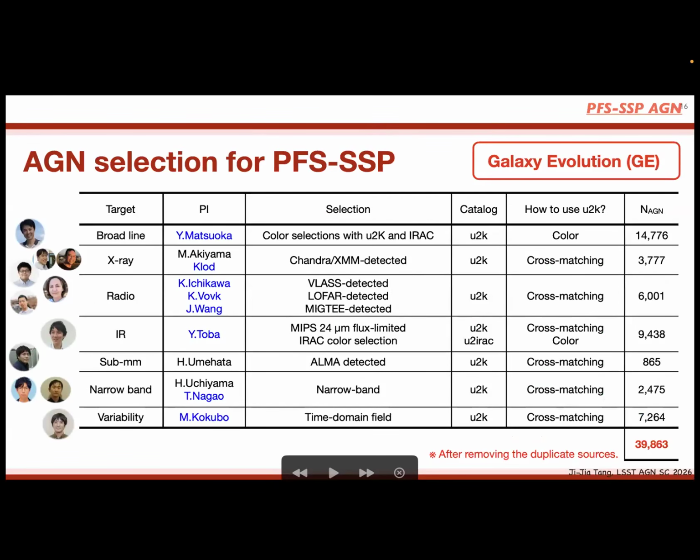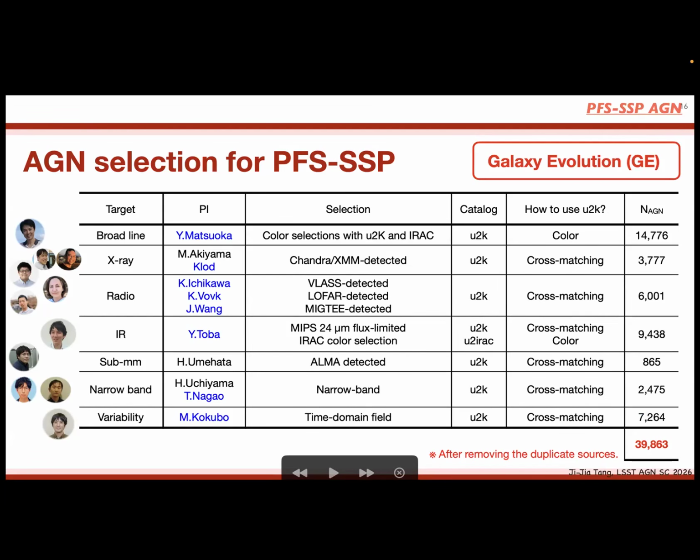Before closing my talk, I have to briefly mention another project I tried to launch recently in the Subaru PFS team. Subaru is an 8-meter class telescope based in Hawaii. There's a new instrument called Prime Focus Spectrograph, alongside Supreme Cam, and there is an observation plan to observe almost 40,000 AGN candidates.